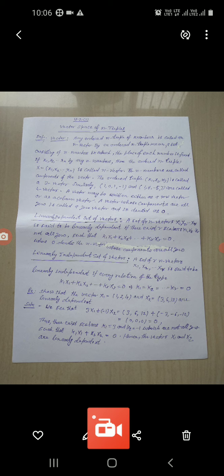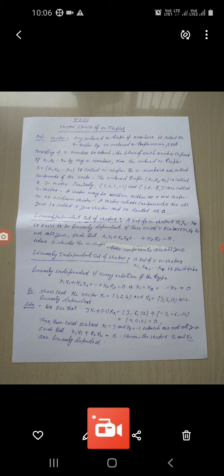such that k1 x1 plus k2 x2 and so on plus kr xr equal to 0, where O denotes the n vector whose components are all 0.